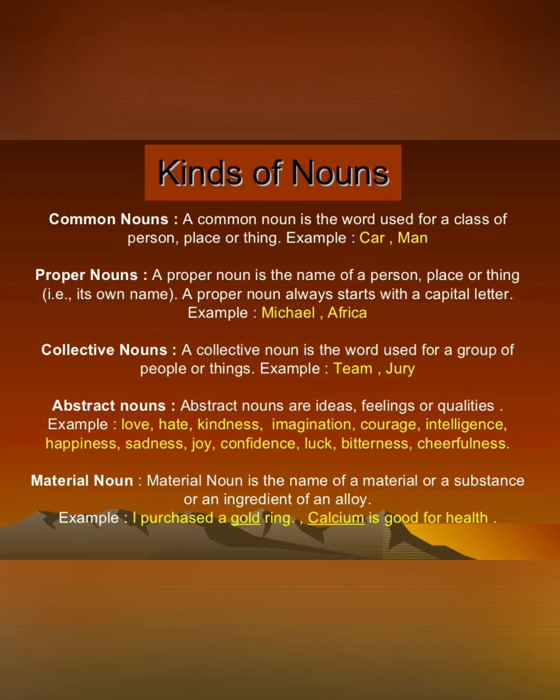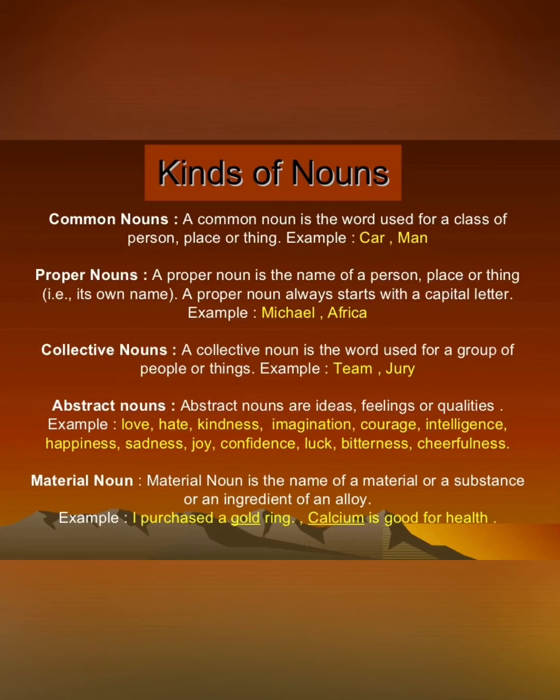For example, girl, city, animal, house, food. Versus there is a proper noun, used to name a specific or individual person, place, or thing. Proper nouns begin with a capital letter. For example, John, France, London.